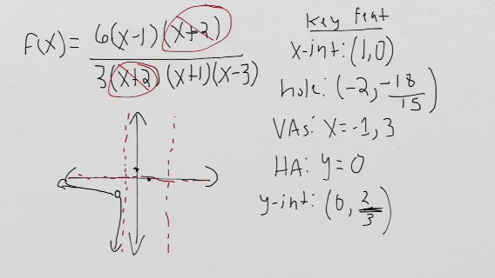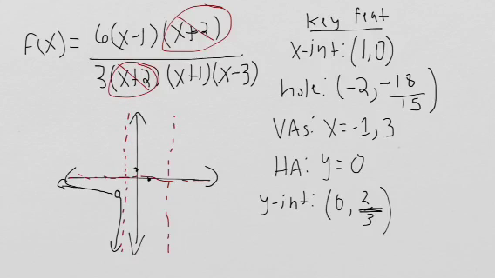Now in class, we talked about how if a vertical asymptote has a multiplicity of 1, so x plus 1 has a multiplicity of 1, so does x minus 3, then the graph is going to approach different infinities on either side of it. So we're approaching negative infinity on this side. We must be approaching positive infinity on this side.